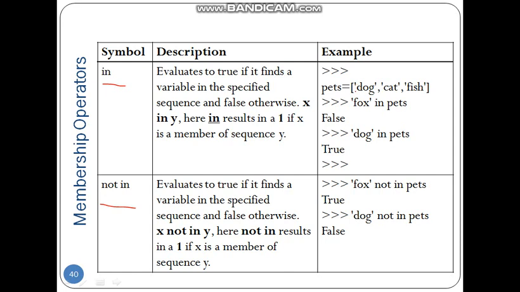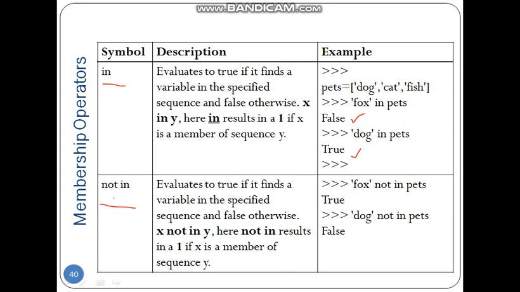That means anything enclosed within square brackets is a list of comma-separated values. So fox in pet, is fox there in the pet list? No. So it is giving false. Dog in pet, is dog there in the pet list? Yes. So it is giving a true value.